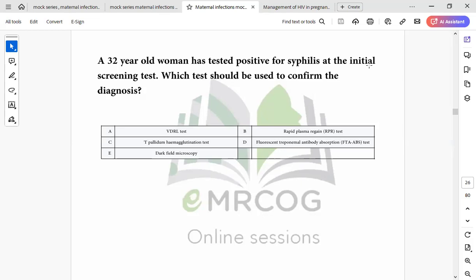Okay, this one is good. I didn't mean to bring it, but what do you think? If you are having a woman who tested positive for syphilis, what test should be used to confirm diagnosis?